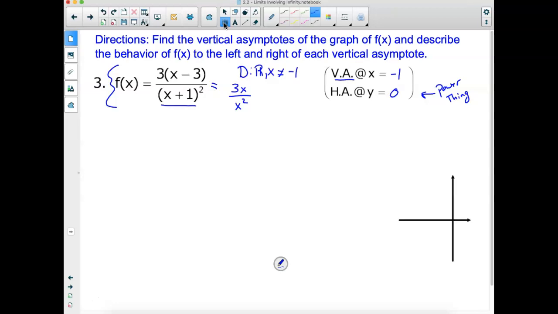This vertical asymptote right here is going to help me. This leads me to limits to describe vertical asymptote behavior.